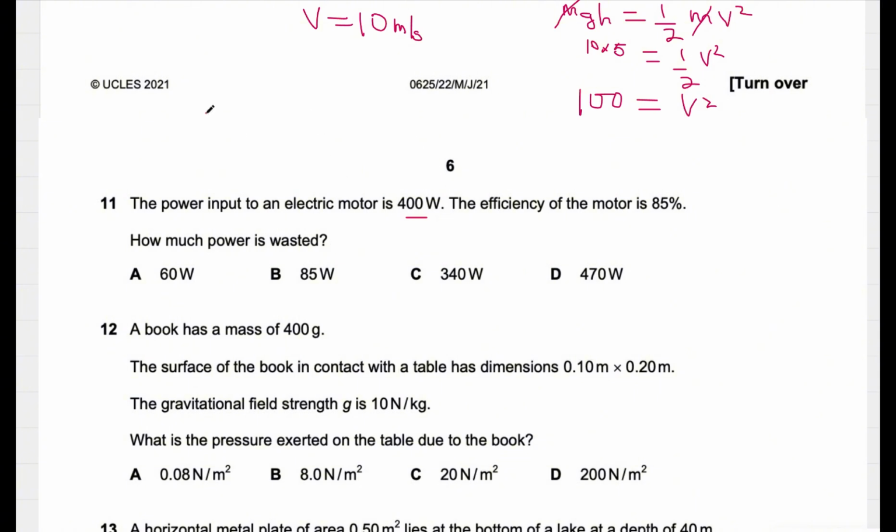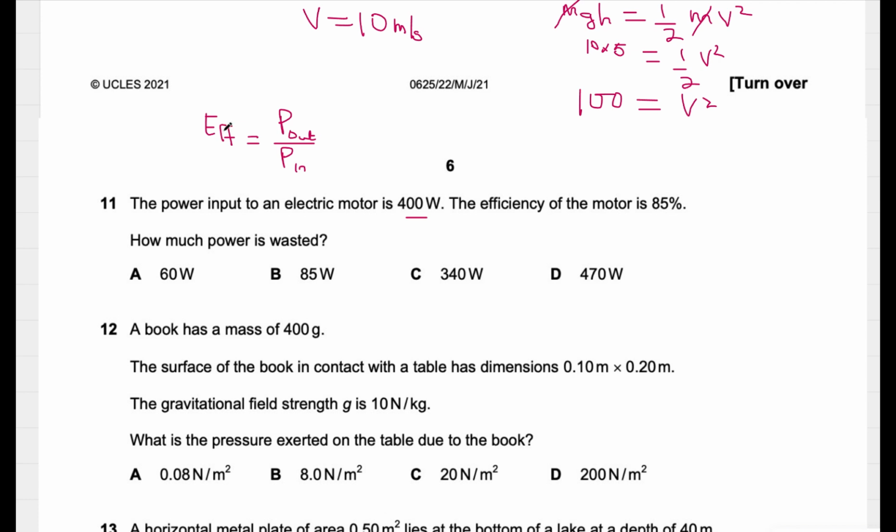So we say efficiency is equal to output power, so I'll just say P out, over P in, input power, multiplied by 100.